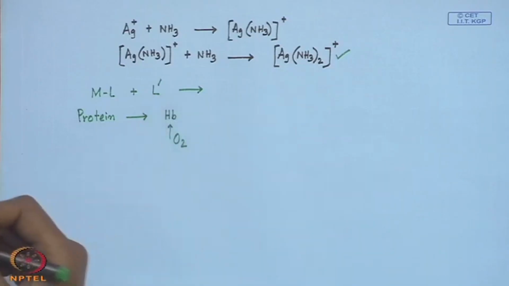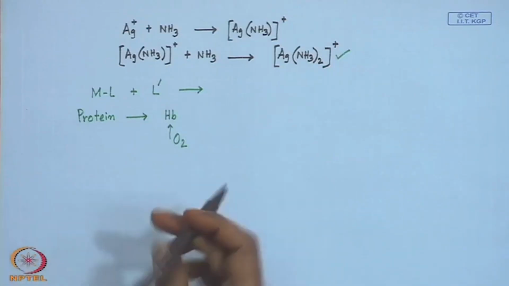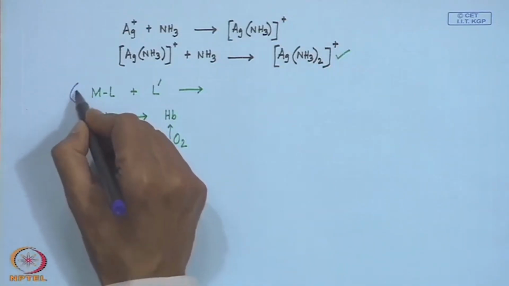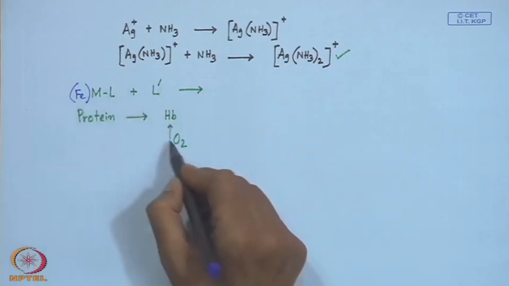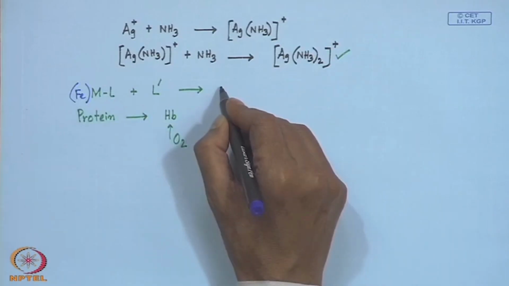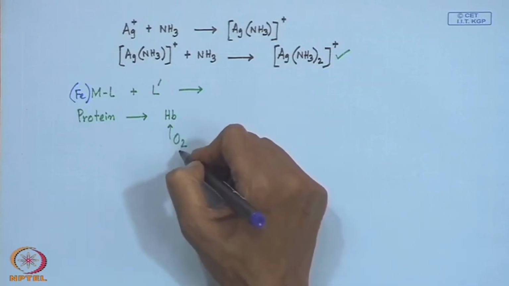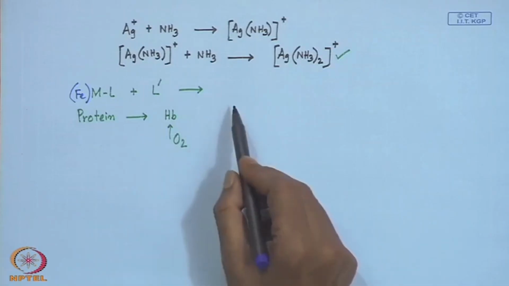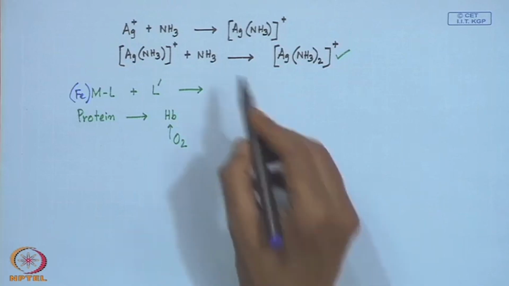L prime would be our oxygen molecule and the metal center is iron. So, the binding of O2 to the hemoglobin molecule can also be studied in the same fashion by different steps if there is more than one step.